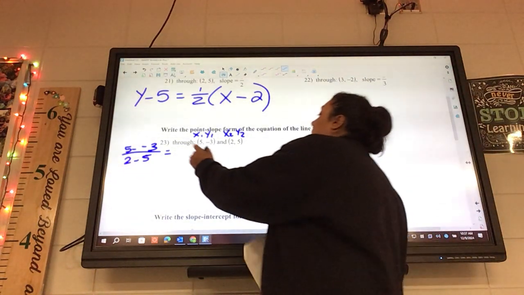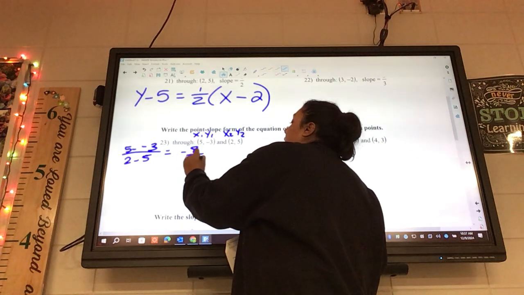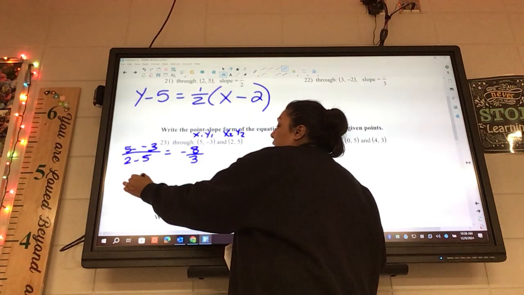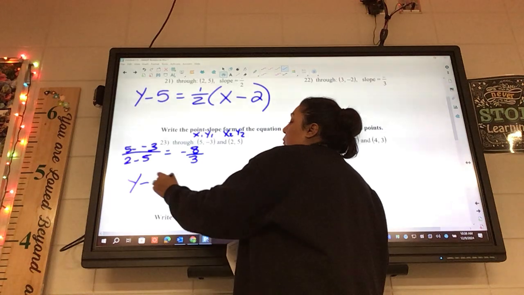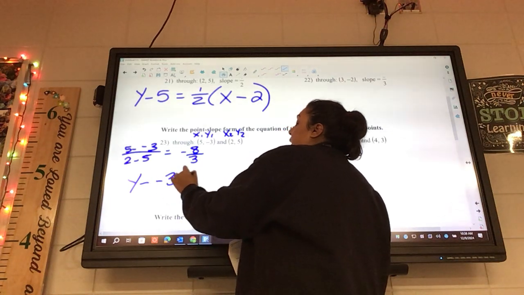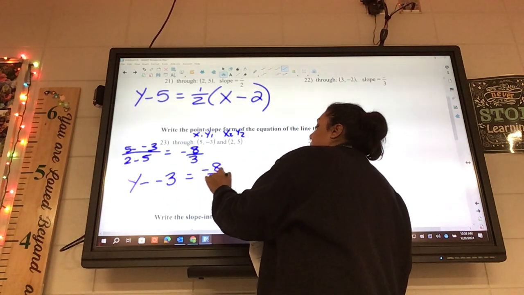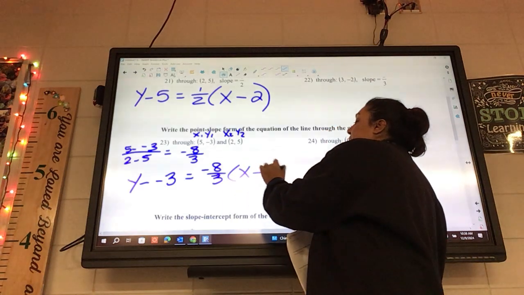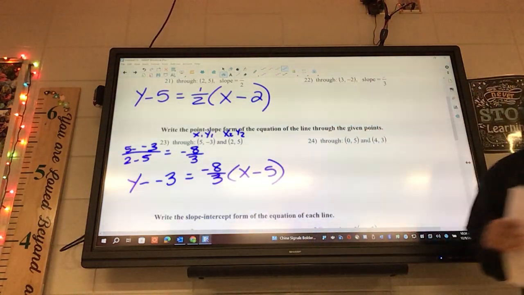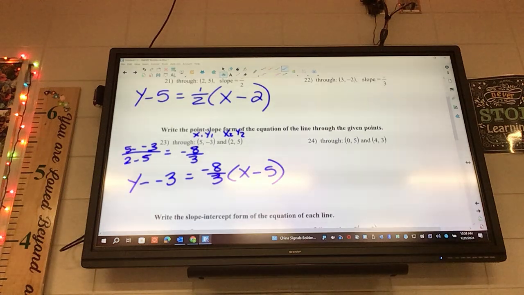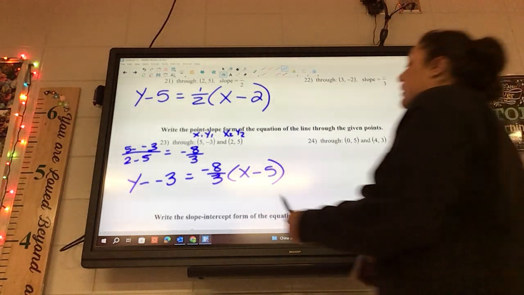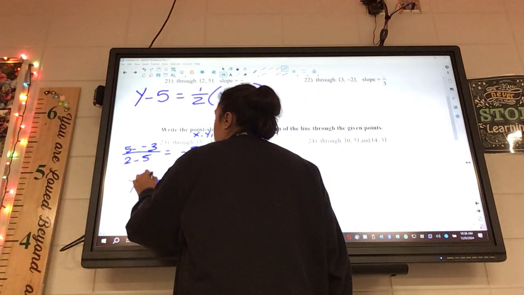Okay, and then from there, we're gonna say y minus my y1, which is negative 3, equals my m, 8 over 3, x minus my x1, which is 5. What do you need to remember to do? Yeah, make that be a plus, okay? So that minus minus becomes a plus.